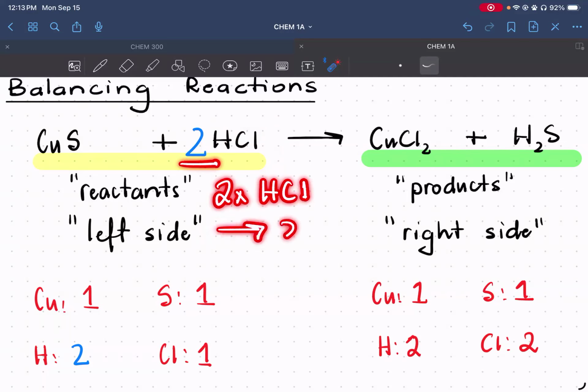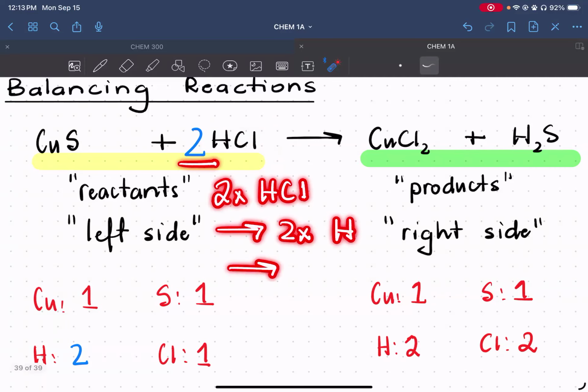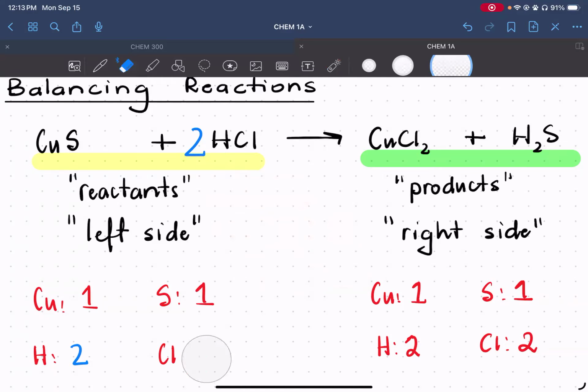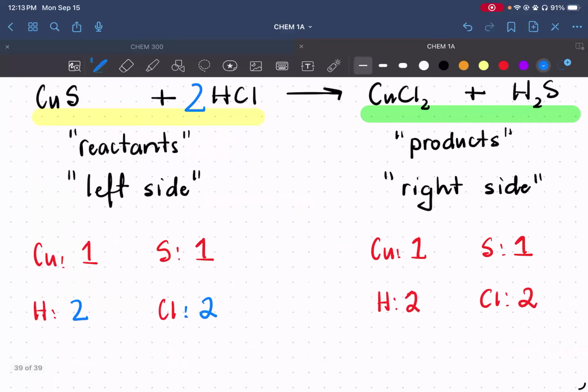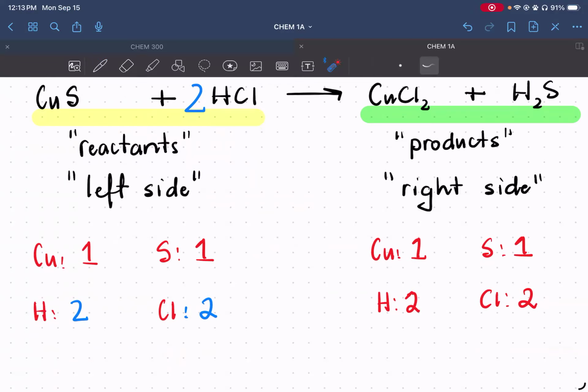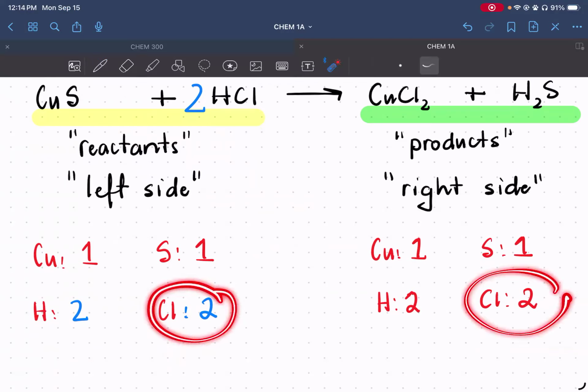We wanted there to be 2 hydrogens, of course, but now that we've added the 2, we're also implying there are 2 chlorines. So without purposefully trying to do anything, we have now changed the number of chlorines present to 2. Lo and behold, quite literally serendipitously, now the chlorine is balanced.